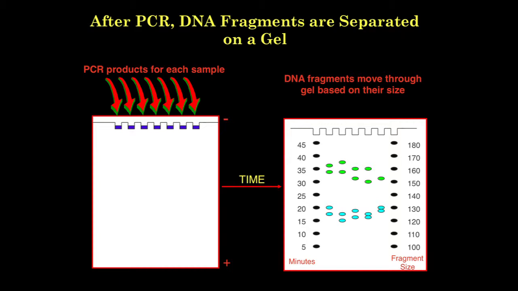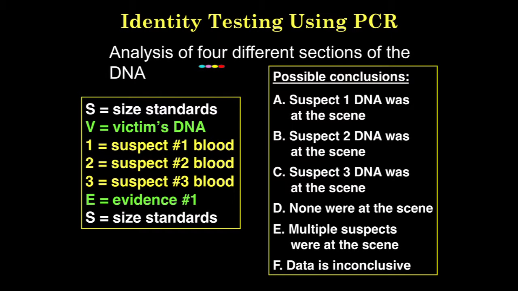So if we look at how these samples might run, the possible conclusions might be that suspect 1, suspect 2, suspect 3 were at the scene, none were at the scene, multiple suspects were at the scene. Data was inconclusive.